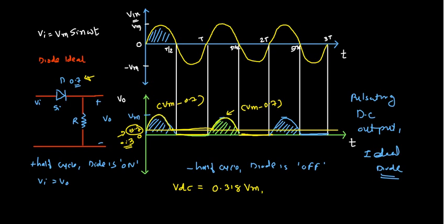This is for an ideal diode, and for a practical circuit the conversion is VDC equals 0.318 into bracket Vm minus Vk. Vk is nothing but the knee voltage Vk.